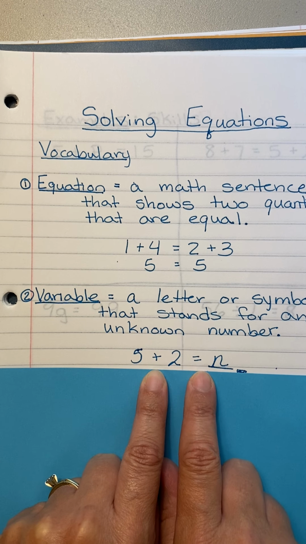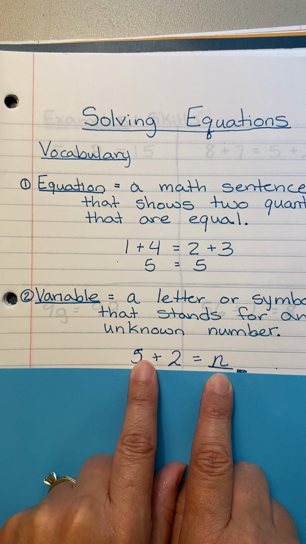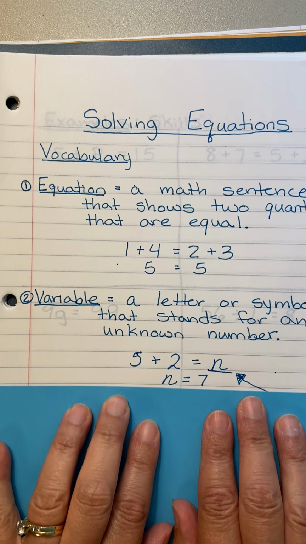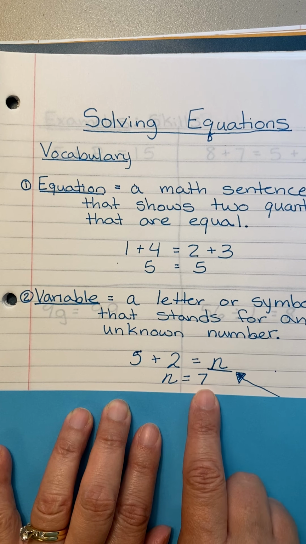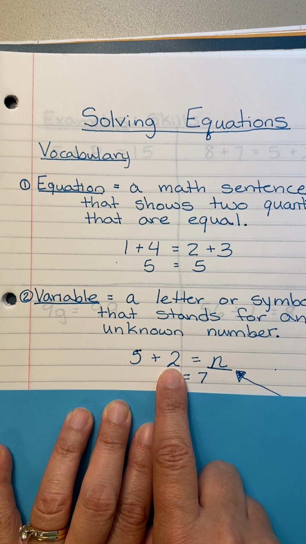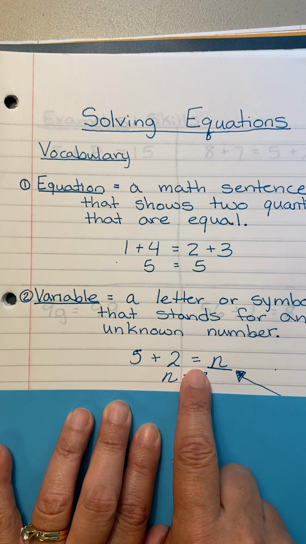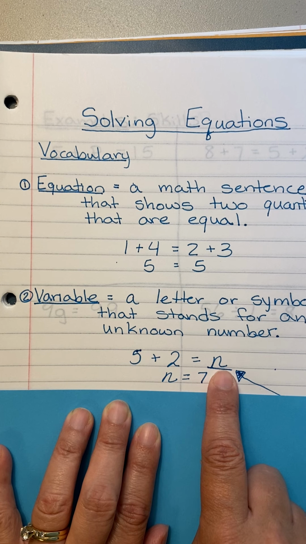So 5 plus 2 equals n. N represents an unknown number until we solve our expression. So when we solve it, we see that n is going to be equal to 7 because 5 plus 2 equals 7. So the value on the two sides of the equal sign is the same, n being the variable.